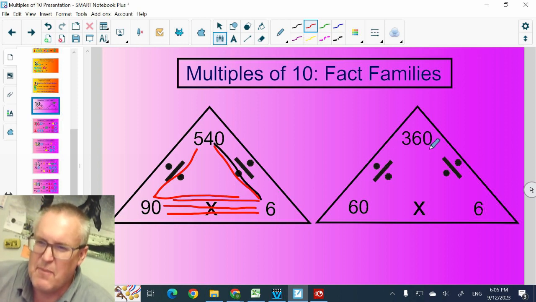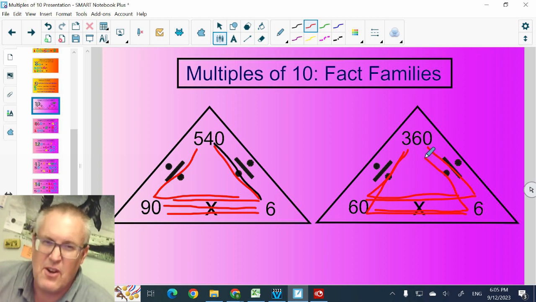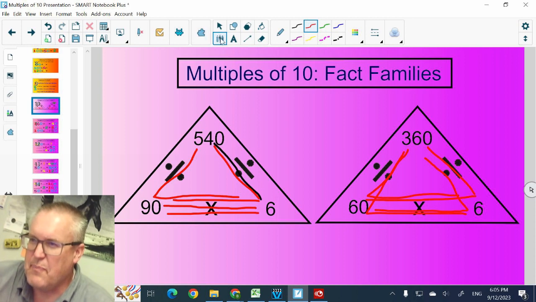Same thing over here. 360 divided by 6 is 60, and 360 divided by 60 is 6, and 6 times 60 is 360, and 60 times 6 is 360. Okay? Kind of cool.